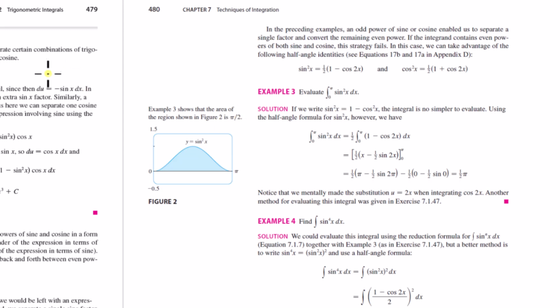We never talked about how to solve even powers. It was just odd powers of just a cosine or sine. So if you just have a sine or just a cosine power and it's an even power, we use these identities to solve it. If you're multiplying a power of sine and a power of cosine and both those powers are even, we can solve that using these identities.